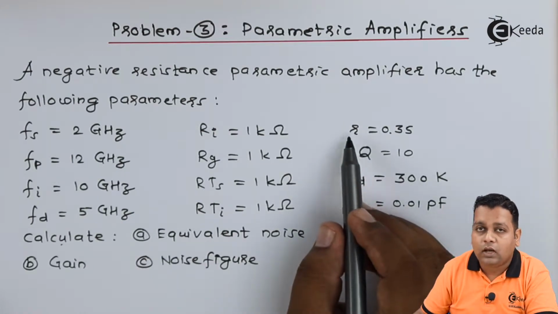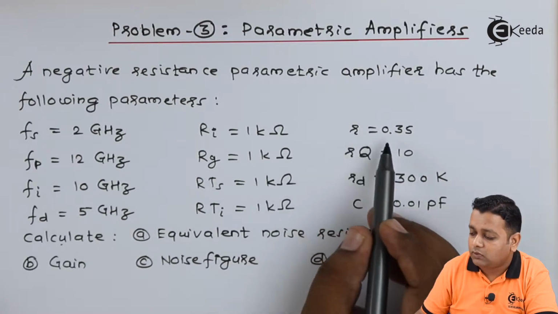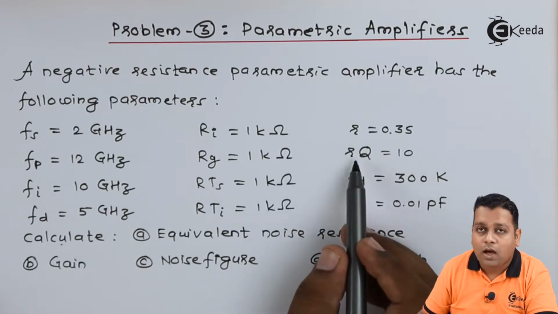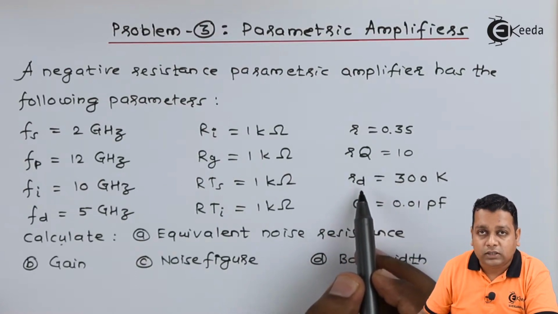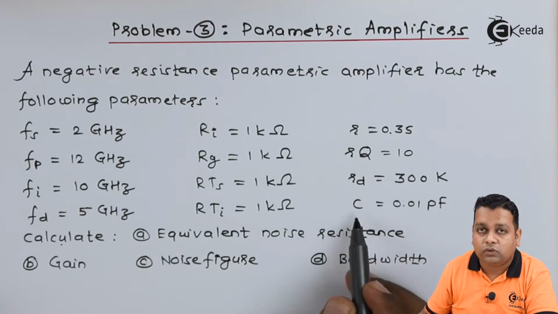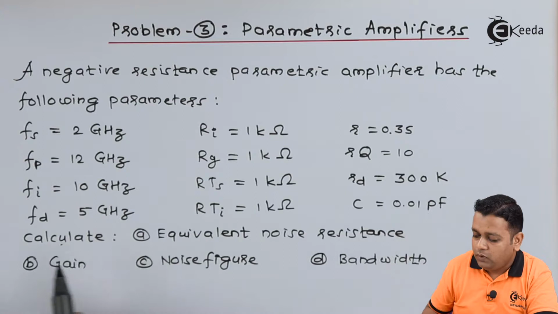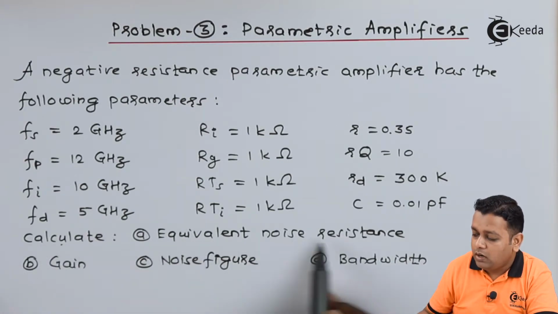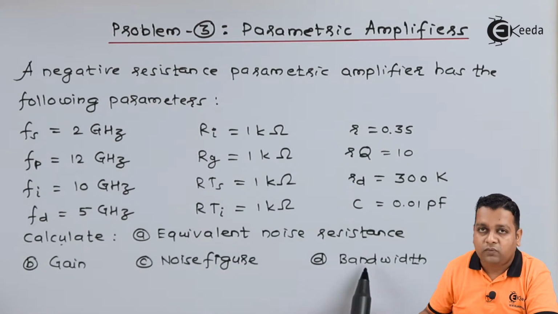We are also provided certain parameters: r is equal to 0.35, r into Q is equal to 10, Td is equal to 300 degrees Kelvin, C is equal to 0.01 picofarads. We are asked to calculate equivalent noise resistance, gain, noise figure and bandwidth.